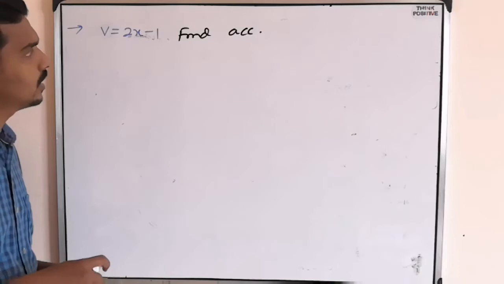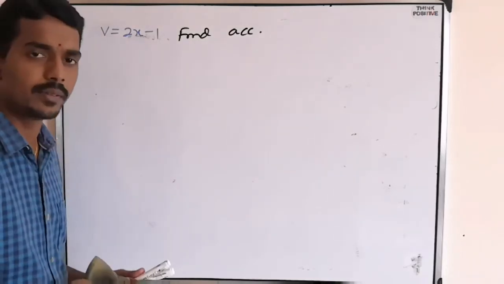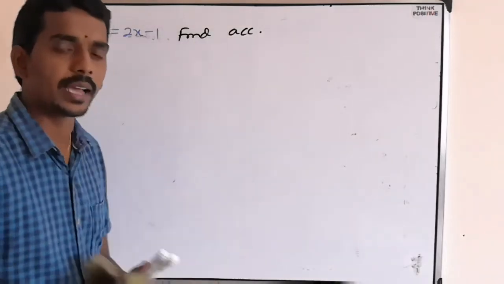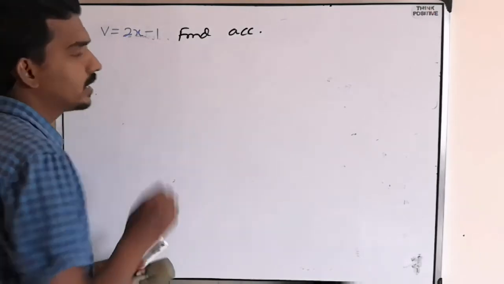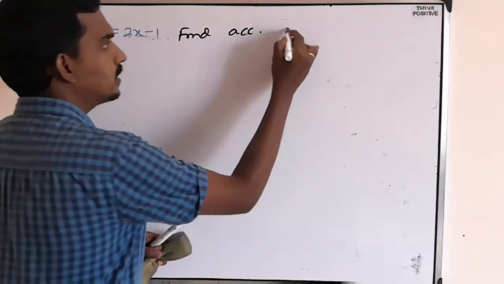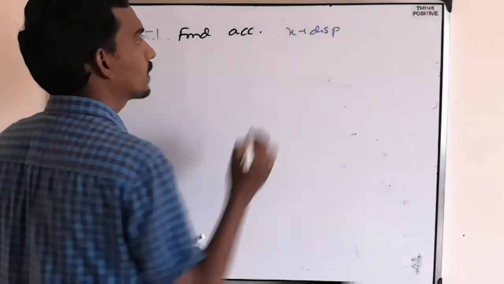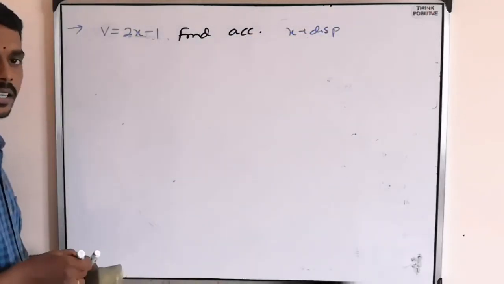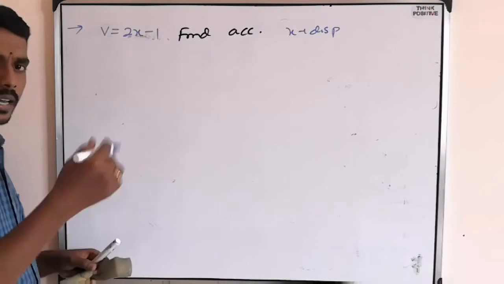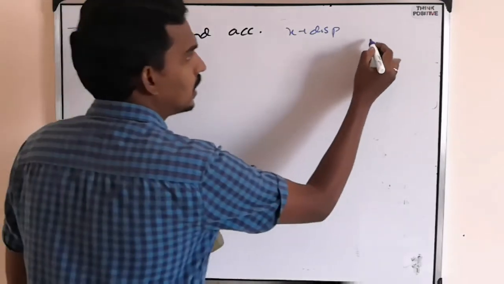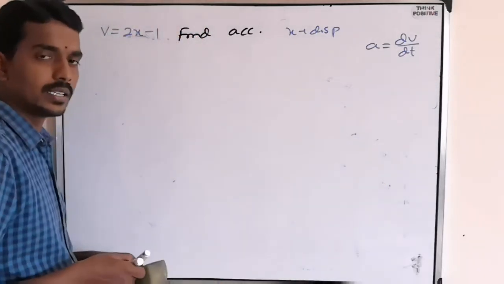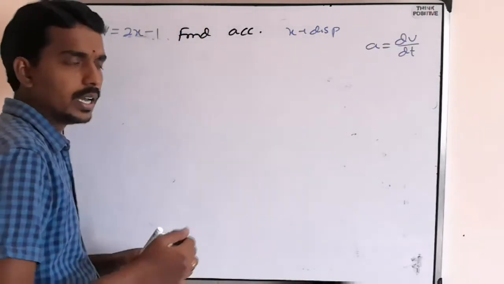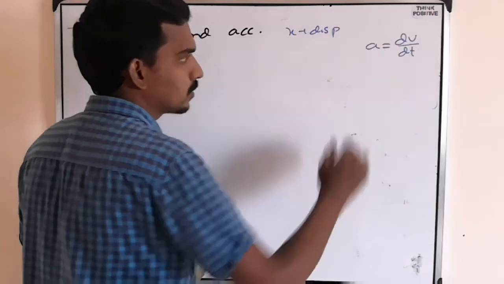So the question is that velocity is given in terms of x and they are asking for acceleration. Velocity is a function of x, where x is displacement, and they are asking for the acceleration equation. We have taken the formula that acceleration is dv by dt, the rate of change of velocity, or differentiation of velocity with respect to time.